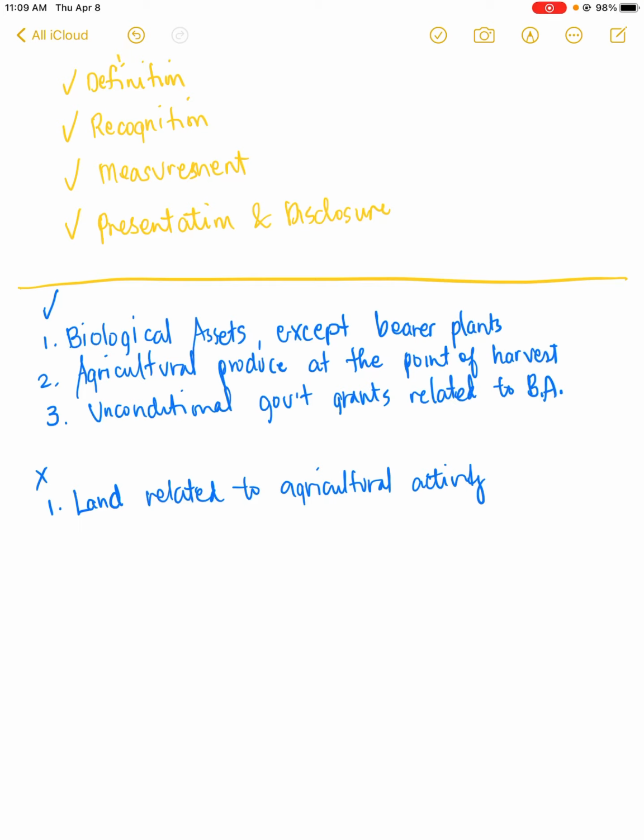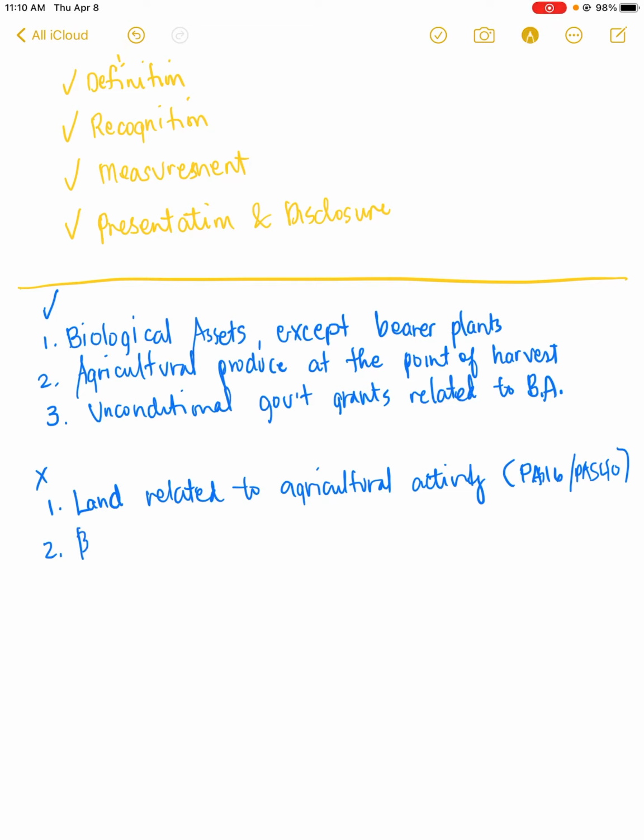If it is not covered by PAS number 41, instead, as a land, it will be covered either by PAS 16 or PAS 40, the property, plant, and equipment, or the investment property. Second one, as mentioned kanina, yung bearer plants ay hindi kasama.